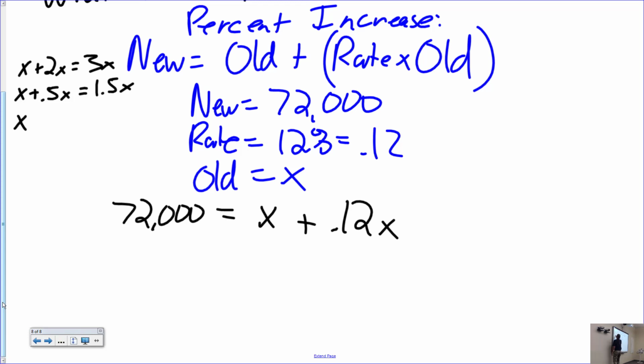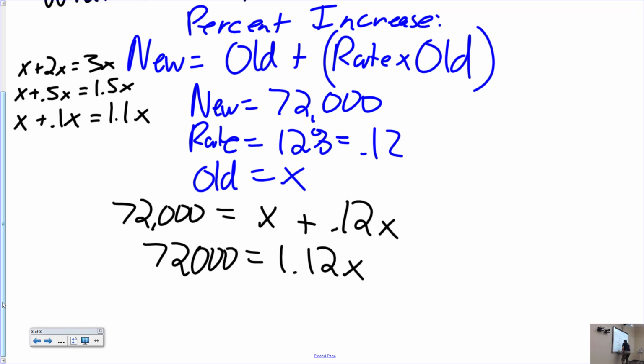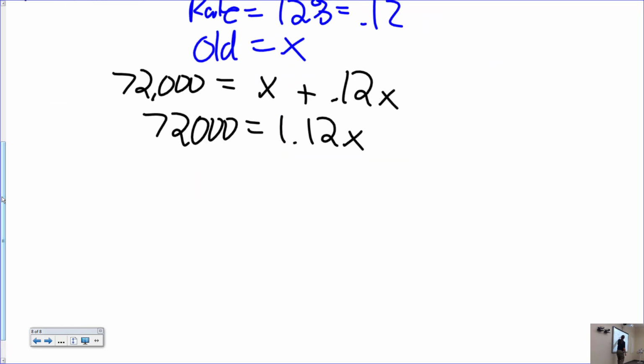So what is 1X plus 0.1X? 1.1X. Okay, good. 1.12X. There you go. 72,000 equals 1.12X. Because you add 1, again, remember we don't write that 1 there, but it's really there. 1 plus 0.12. Remember that there's a whole decimal point, line the decimal points up.